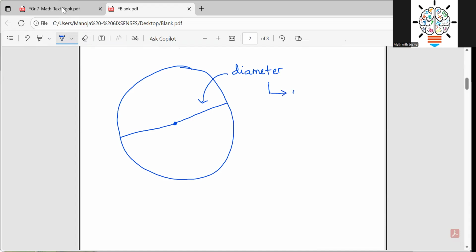It splits the circle exactly into 2 portions.